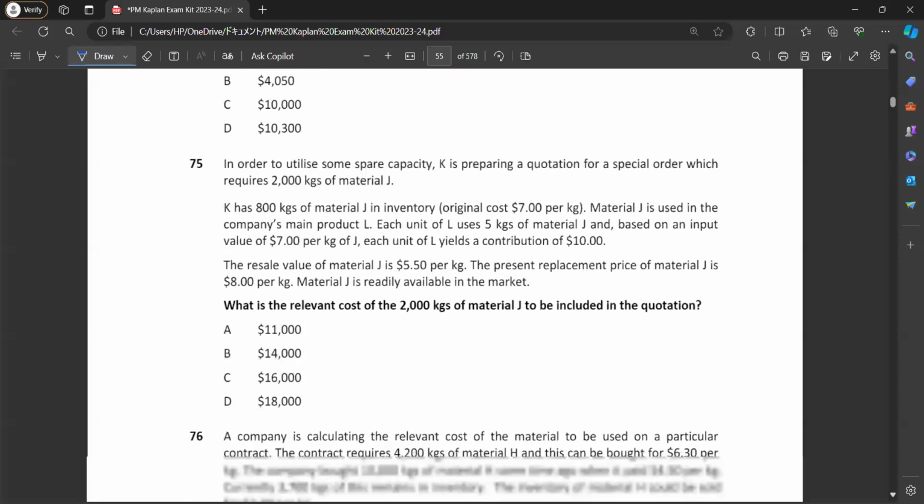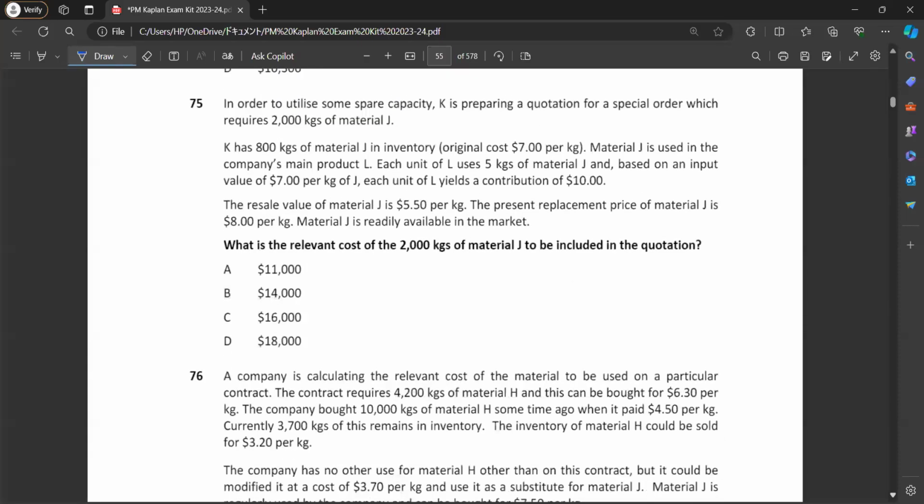Question number 75. In order to utilize some spare capacity, K is preparing a quotation for a special order which requires 2,000 kgs of material J. K has 800 kgs of material J in inventory. Original cost is $7 per kg.